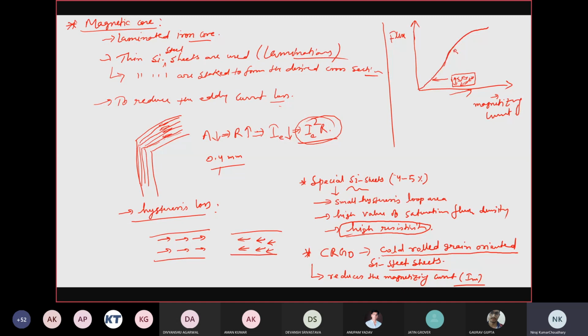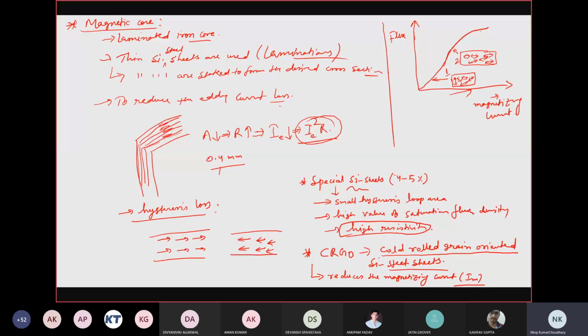So at this point of instant, suppose the dipoles or grains are aligned to some extent in a particular direction. Not completely, but the property of the magnetic material at instant 2 is better than at instant 1.